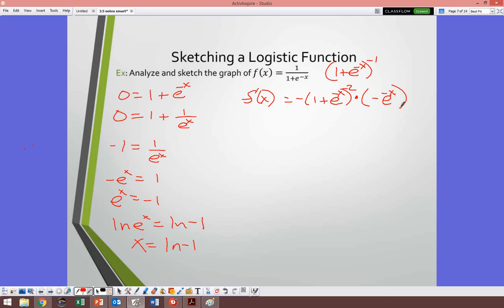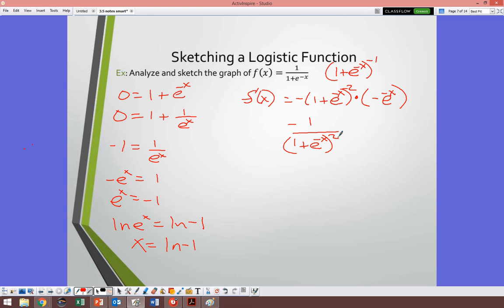Piece of cake. All right, so what are we going to end up with now because of that? e to the negative x over, let's see. This whole thing is negative. Negative 1 over 1 plus e to the negative x squared, right?